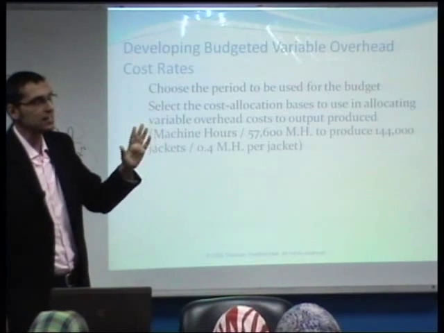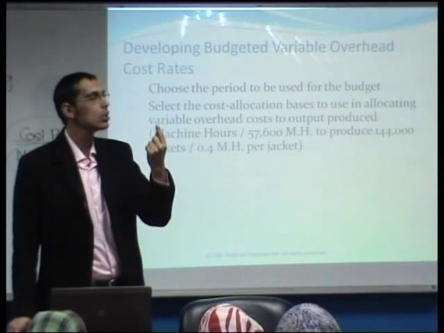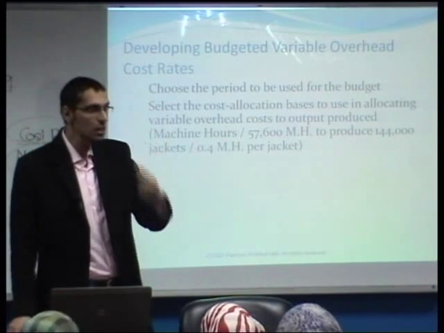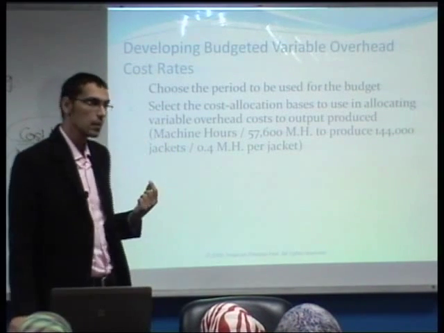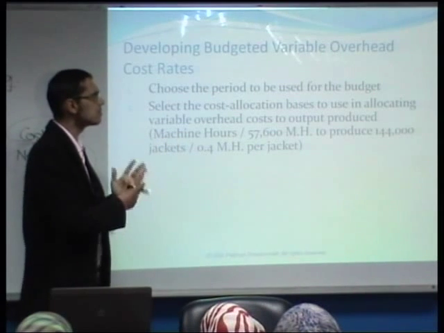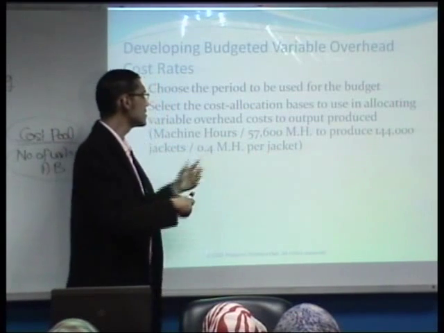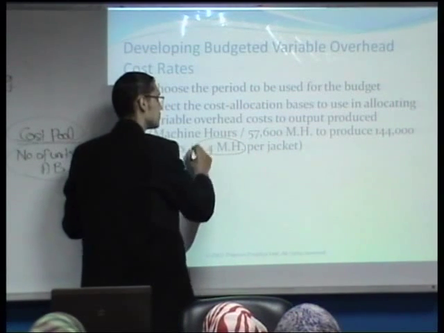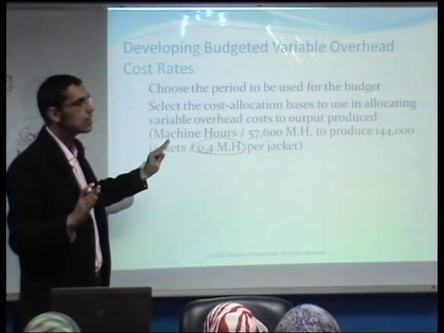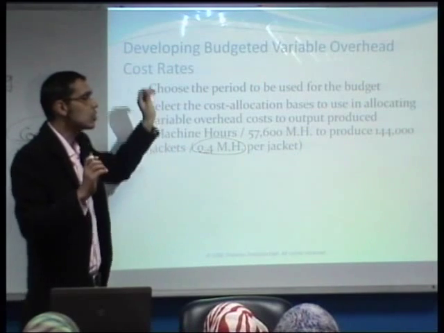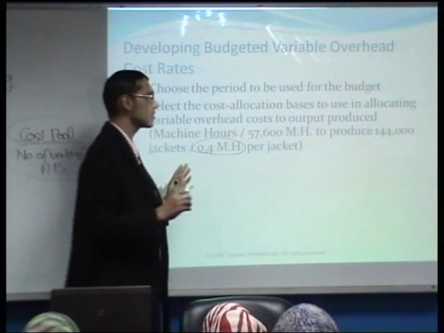And as we said in Cost Accounting 1, if we only have one allocation base, we will only have one cost pool, which means only one budgeted rate or standard rate. According to their analysis, each jacket needs 0.4 machine hours. This is a standard number of machine hours per one unit of product, or jacket.